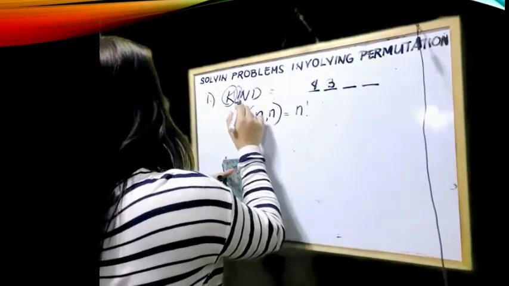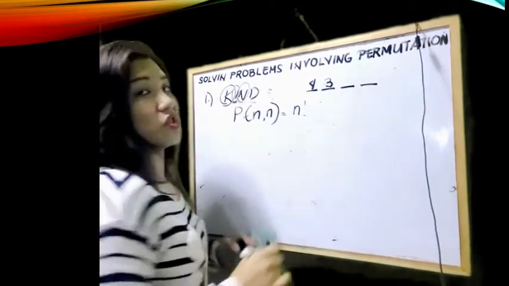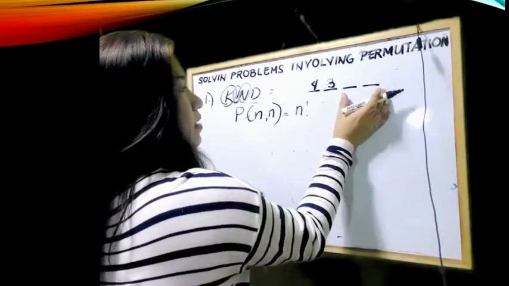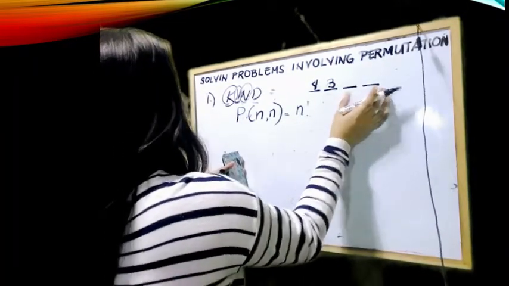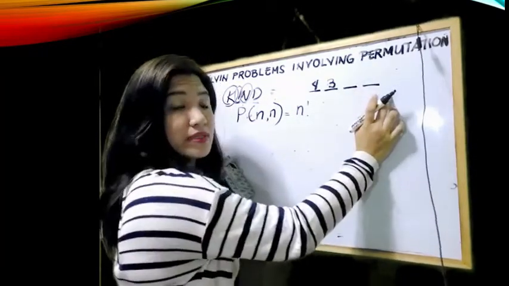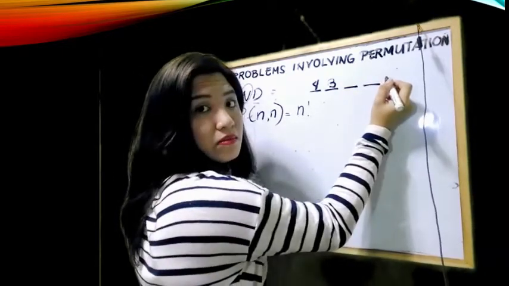Then we have 2 remaining letters, which are N and D. So let's go with the third letter, which is N. Since you only have 2 spaces left vacant, the letter N can be positioned in 2 different ways. You can put an N here or at the last.